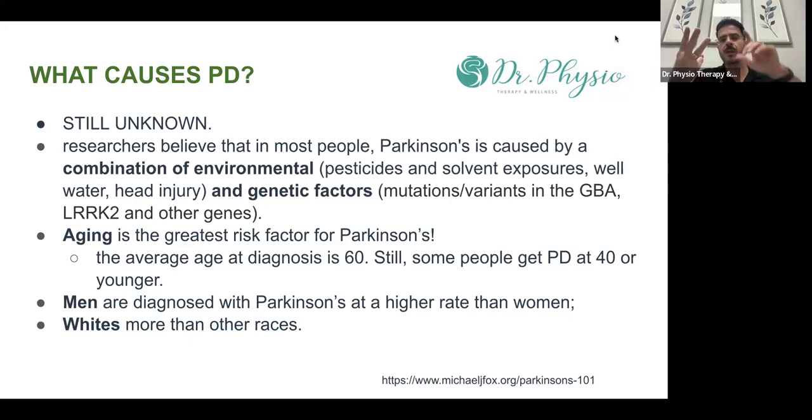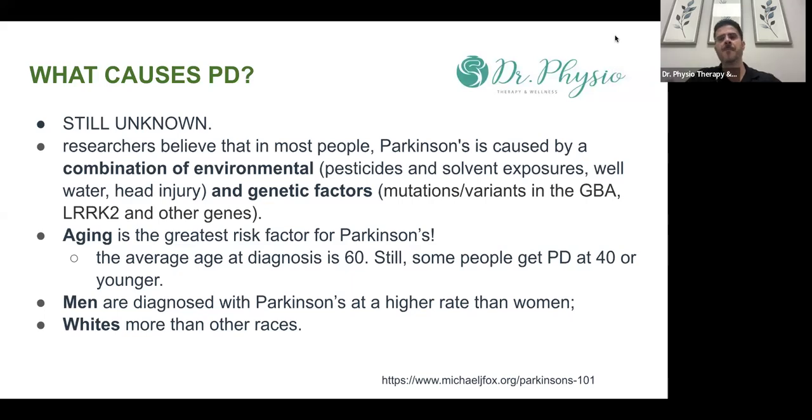Actually, I would say three: environment, genetic factors, and aging. All right, so environment, being exposed to pesticides or solvents, well water drinking, head injuries like TBIs, and then genetic factors like mutations in some genes.